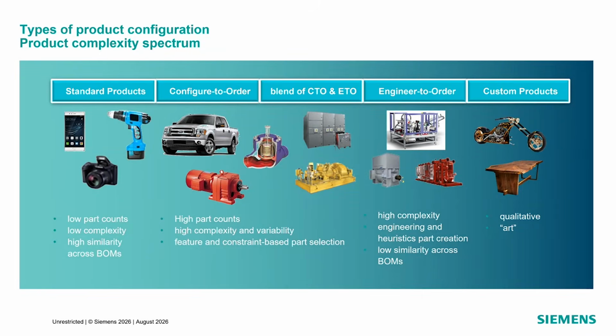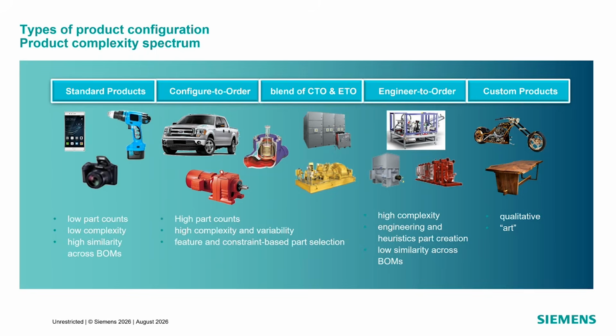And finally, at the end of the spectrum, with engineering to order, complexity and order-specific part creation increase for these custom products, and judgment and heuristics may be required. So again, the right solution depends on where a product family sits on this spectrum, and it's not really dependent on the industry or the part count. And that's why I said product configurator in general can really help you no matter what type of industry you are. It really depends on the product you are making these days.